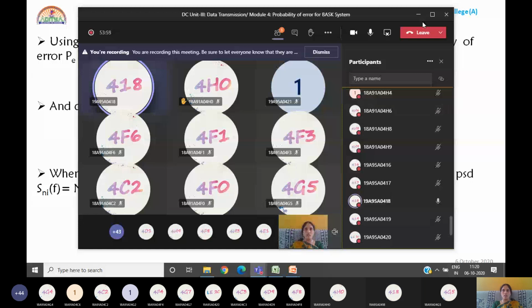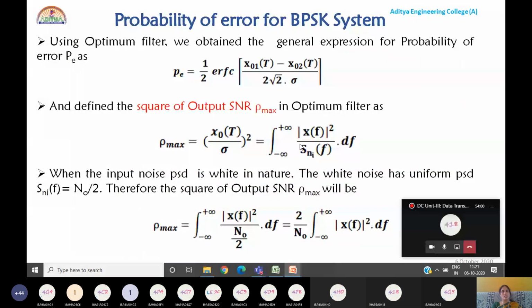Now we follow the same procedure we did for the BASK signal. Take x1 of t as root 2Ps cos omega ct and take x2 of t as minus root 2Ps cos omega ct, that is for data bit 0.